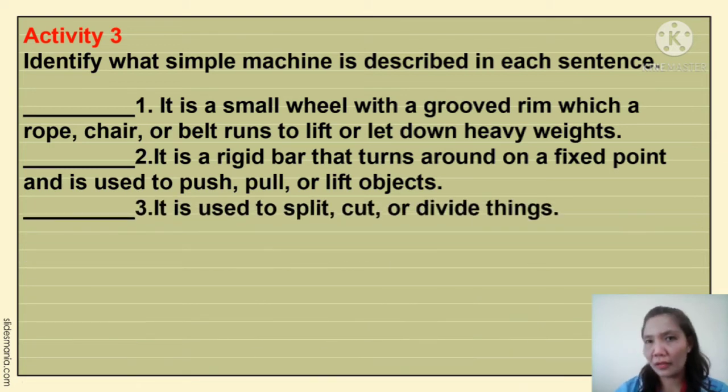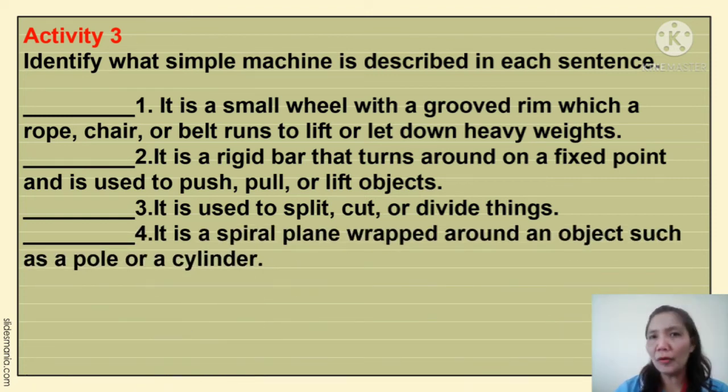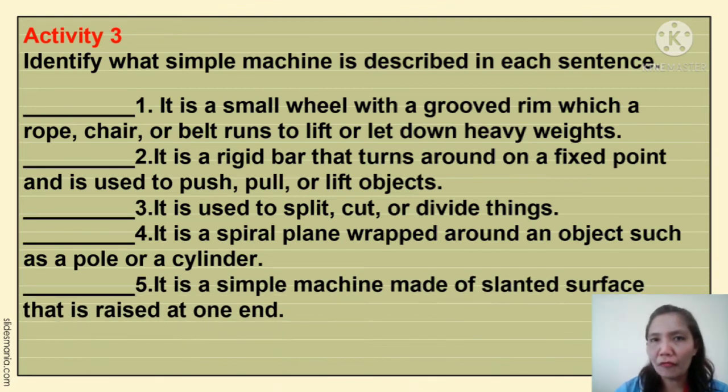Number 3, it is used to split, cut, or divide things. Number 4, it is a spiral plane wrapped around an object such as a pole or a cylinder. And number 5, it is a simple machine made of a slanted surface that is raised at one end.